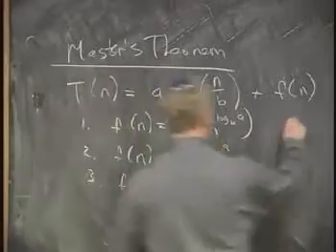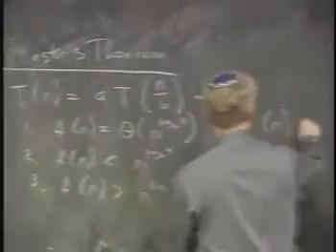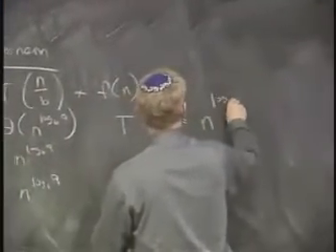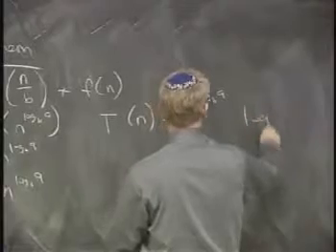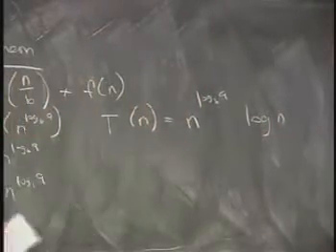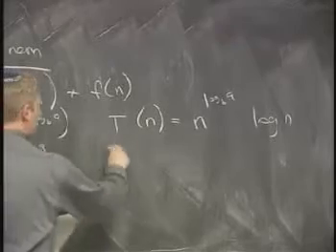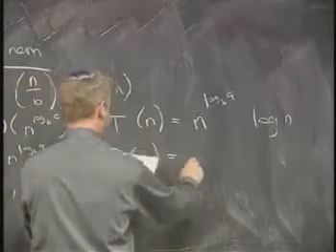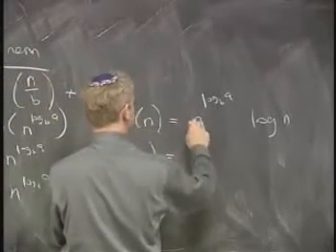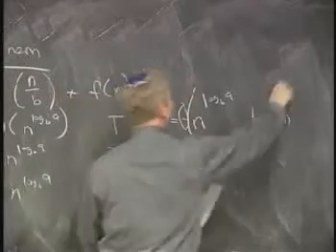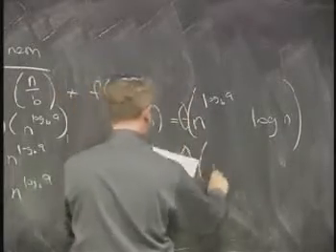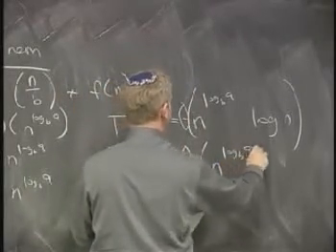In this case, the overall complexity is n to the log b a times log n. That's like the first example I did today, where you get that extra log n factor. In this case, it's just plain, I should write big theta, in this case, it's just plain n to the log b a.